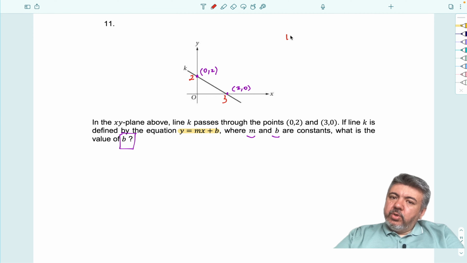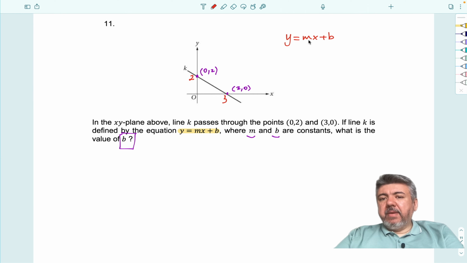y equals mx plus b. It's not asking me the slope, it's not asking me m. Let's say it's asked. m is simply rise over run. It's not rising, obviously, it's declining. So rise is negative 2 over run is 3.